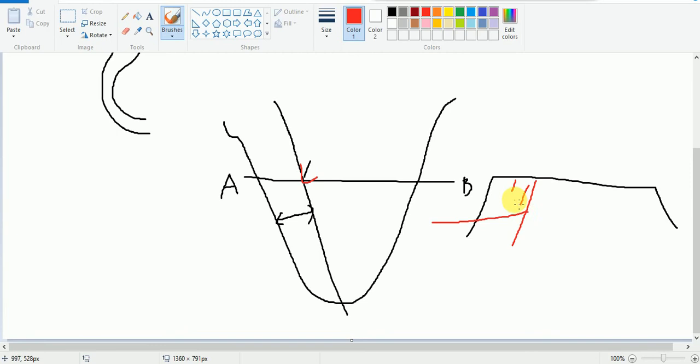Let us say these are the different layers, different formations, and the first formation comes here.